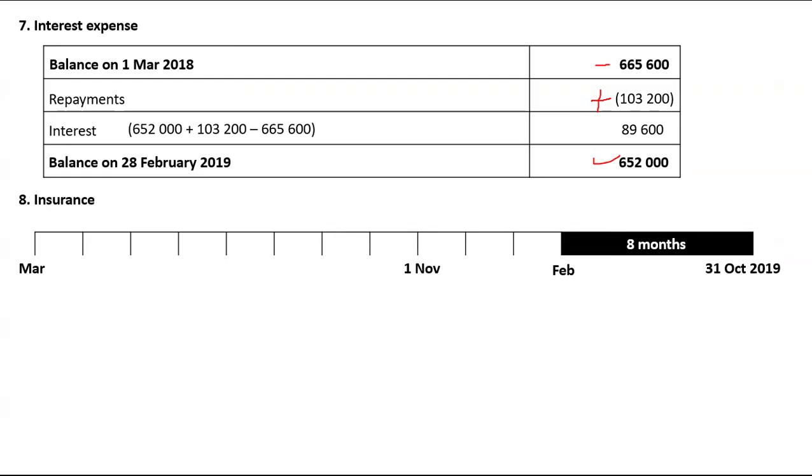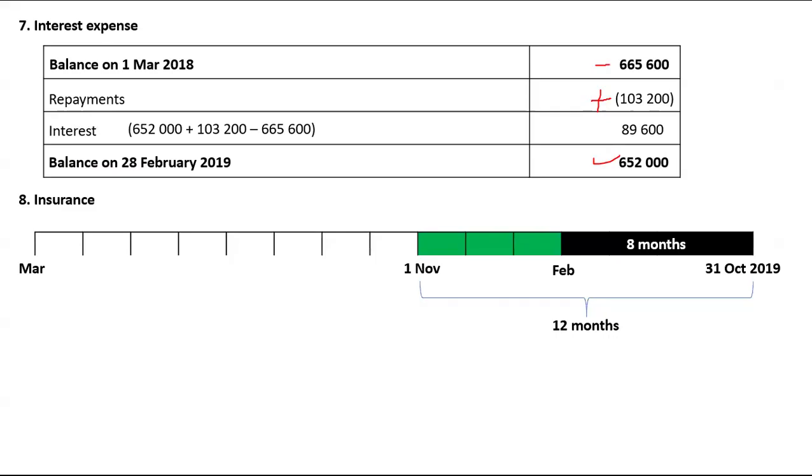This insurance was paid for 12 months, including those months in green, which is the 4 months that fall within the current financial year. That will be November, December, January, February. The ones in green, the 4 months, have been correctly included, so we don't need to worry about that. The problem is the 8 months that fall outside the financial year.